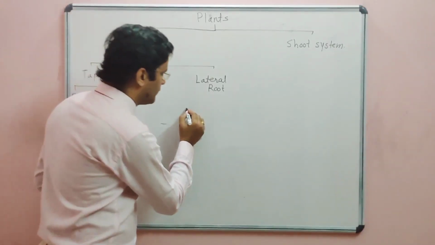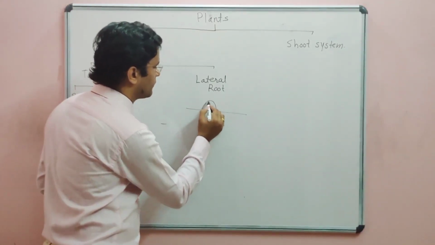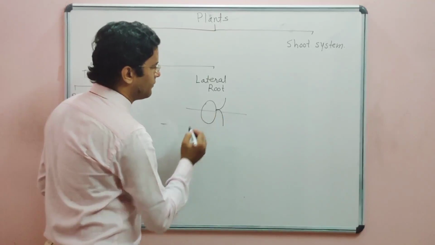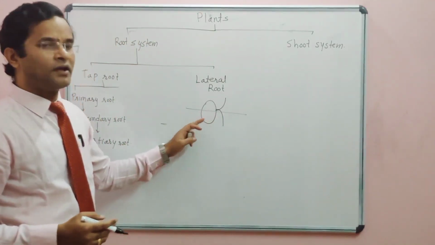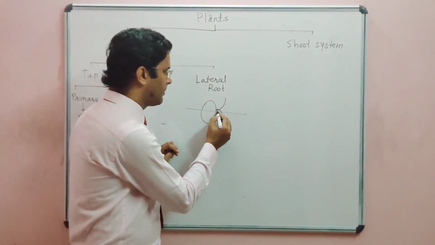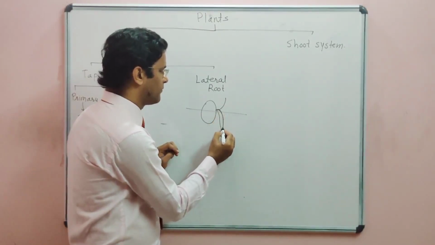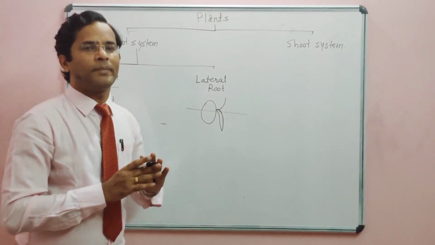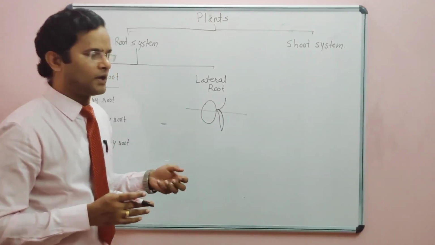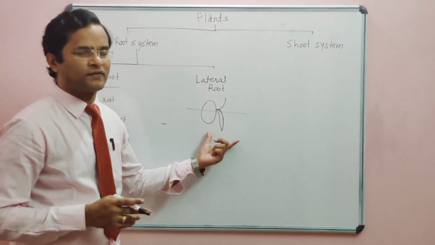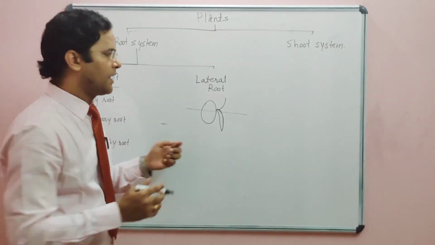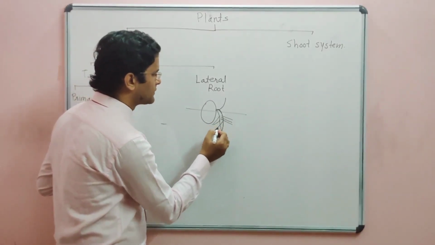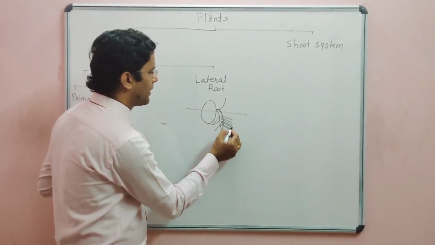As we have discussed, from the seed, plumule and radicle will develop. From that radicle, the primary root will form, but it will not stay in the plant for a longer time. It will further form many lateral branches.